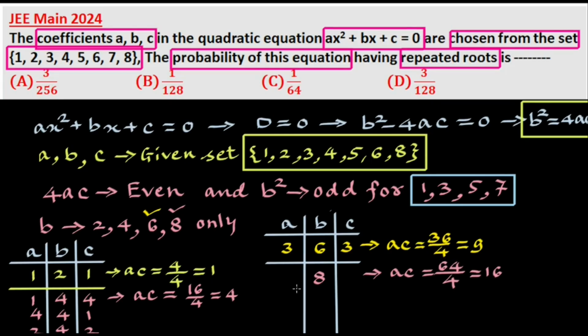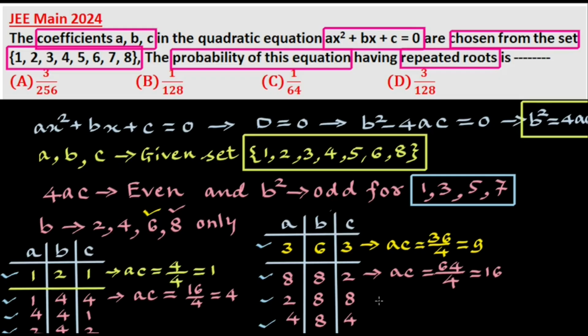And to get 16, we have to take a equals 8 and c equals 2 and reverse a equals 2, c equals 8 and thirdly a equals 4 and c equals 4. So there are in all 1, 2, 3, 4, 5, 6, 7 and 8 cases.